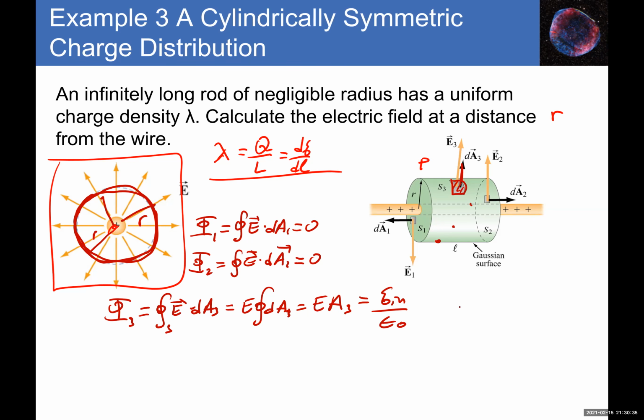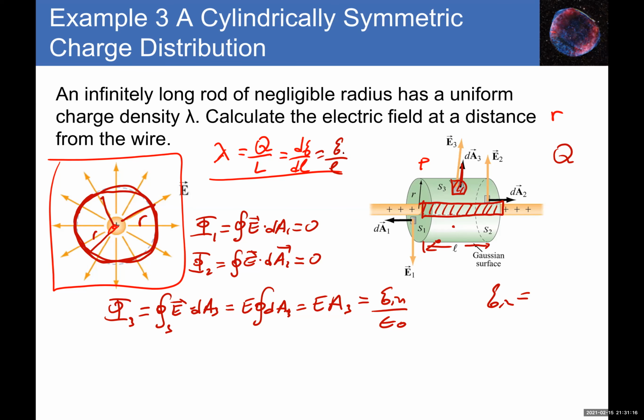Now I need two things: what is the area of that curved part of the cylinder, and what is Q in? Q in, if you remember, using this equation, lambda is Q over L. This big Q is the total charge of the entire rod, but Q in is how many charges I have just in this length L of the rod, where I have my Gaussian cylinder.